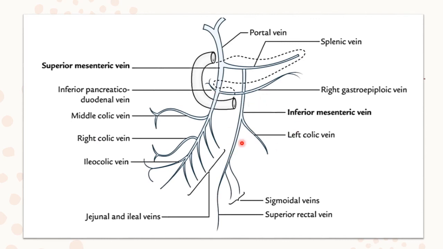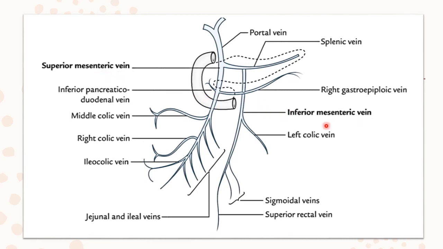Over here you can see the superior and the inferior mesenteric veins. The superior mesenteric vein is getting tributaries from the inferior pancreaticoduodenal vein coming over here, the middle and right colic veins, the ileocolic vein, and the jejunal and ileal veins. All of these are going to come and form the superior mesenteric vein ultimately.